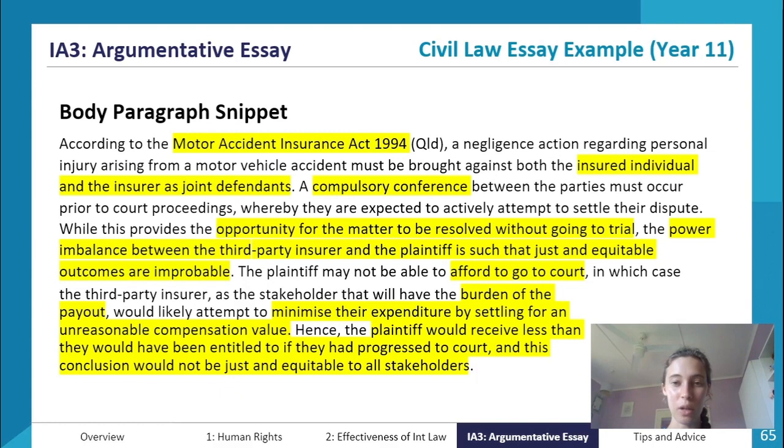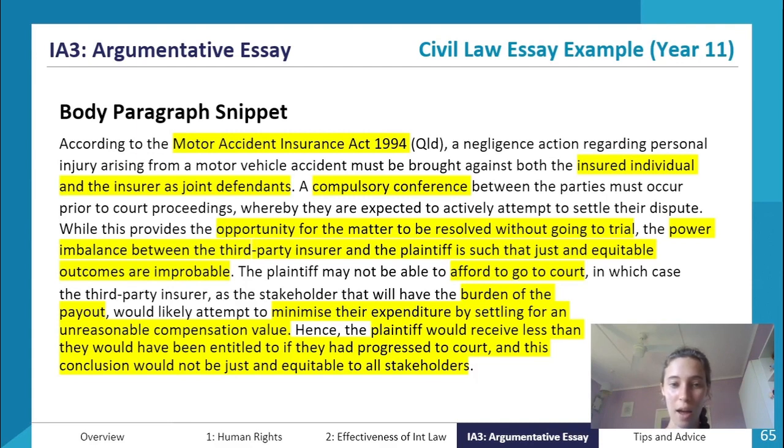I decided to include more snippets from my essay from civil law, so you can have an example. I have also done some highlighting, so you can see how I've approached it. Citing the different legislation is something that you'll need to do. Since it's human rights in this case, it could be treaties or covenants that you're citing, rather than legislation like it was for me.